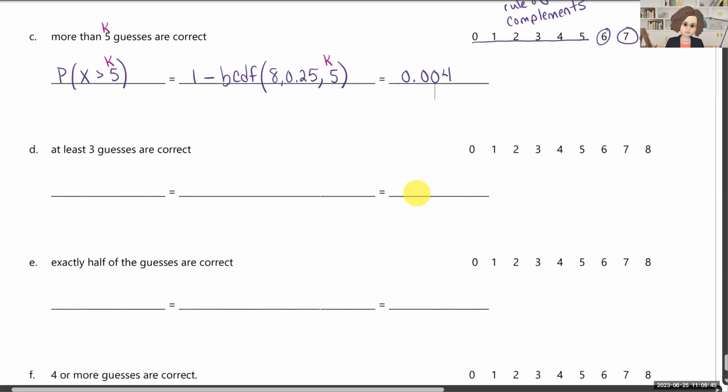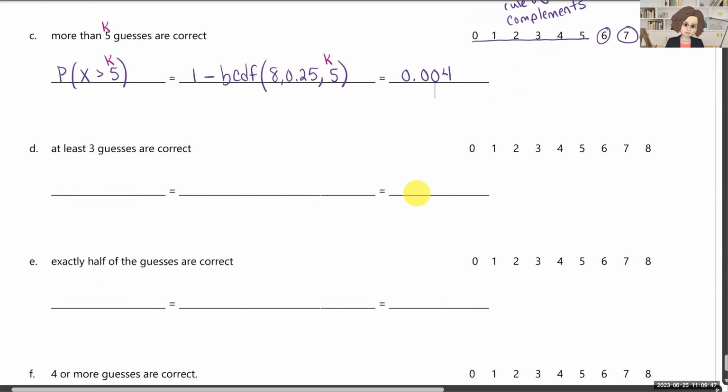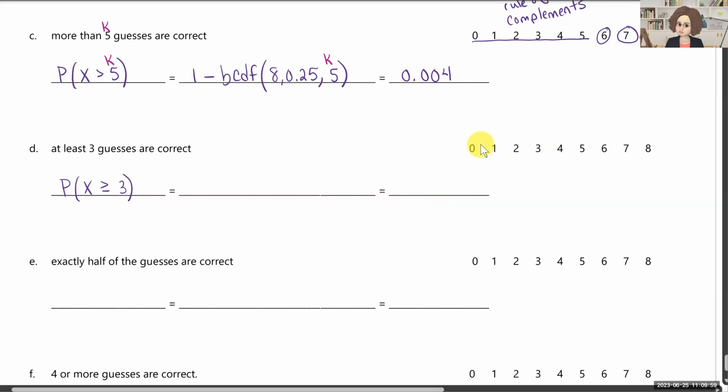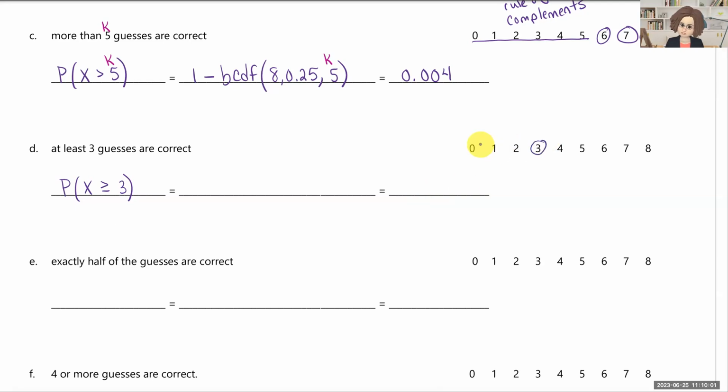Okay, next case. The probability they get at least 3 questions correct. So at least 3 means greater than or equal to 3. So greater than or equal to 3 would be 3 or 4 or 5 or 6 or 7 or 8. So we need our rule of complements again.